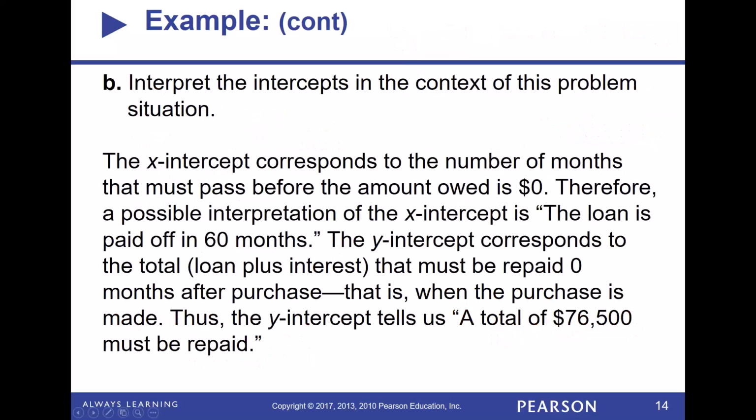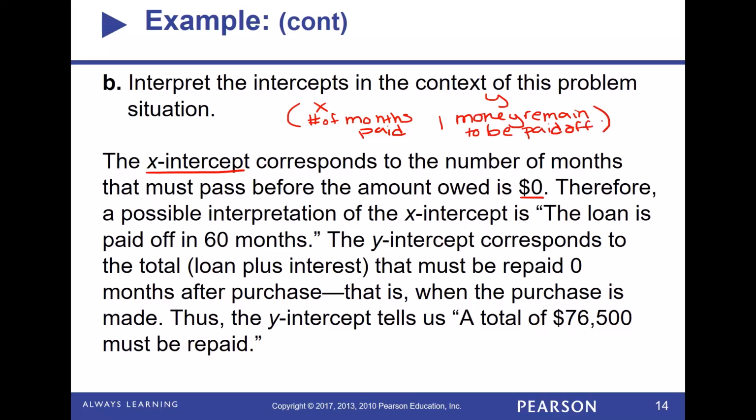Let's interpret it with the context of the problem. When you think about this, remember that the x-intercept corresponds to the number of months that must pass until we owe $0. Remember, x is representing the number of months paid, and your y value is representing the money remaining to be paid off.